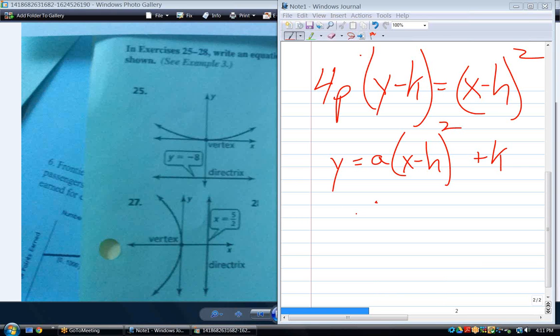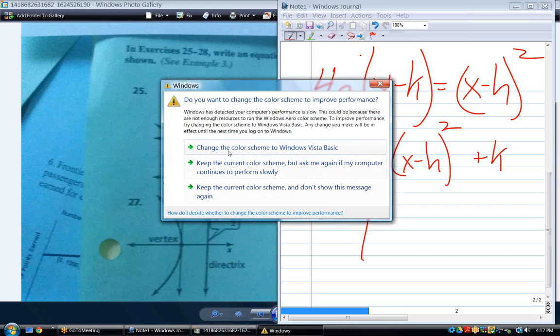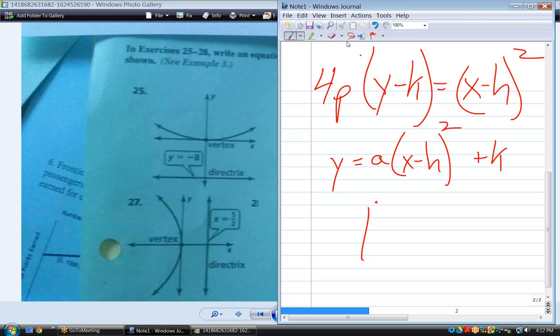Okay, tell me when you see the number 1. You still don't see the number 1 on my screen? Nope. Wow. But I hear you fine, so it might just be your computer. All right, we should be able to go forth.